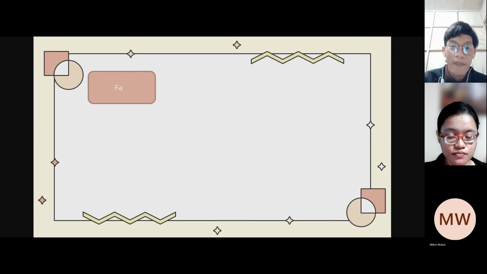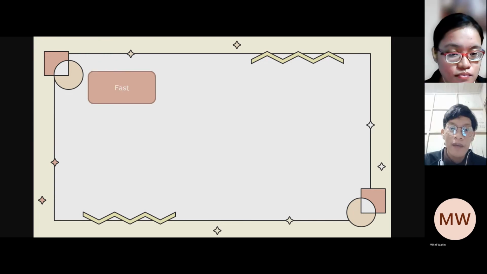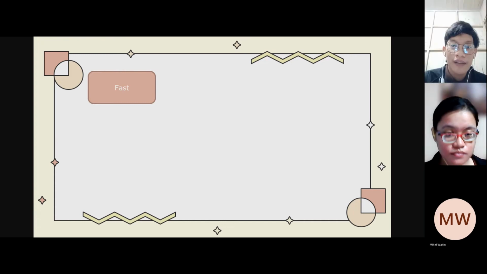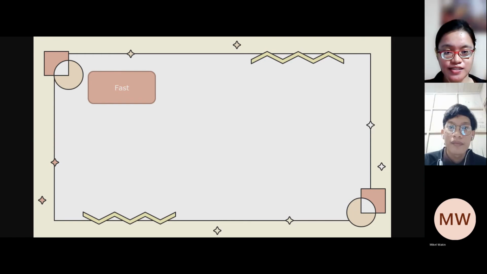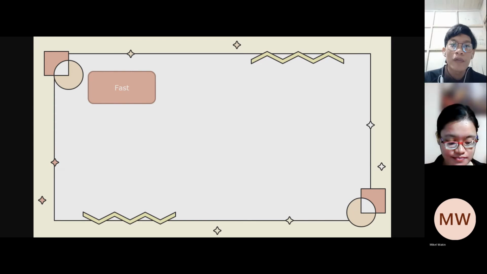First we have here the word fast. What do you think its comparative form, Miss Salget? I think the comparative of fast is faster, sir. Yes, that is correct. Fast is a one-syllable word and its comparative form is faster.